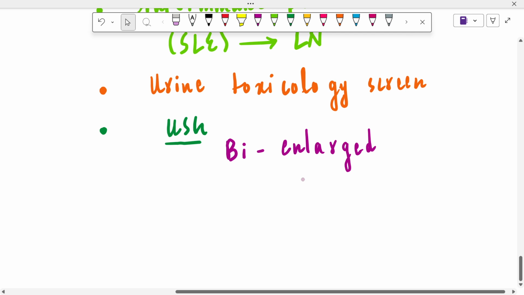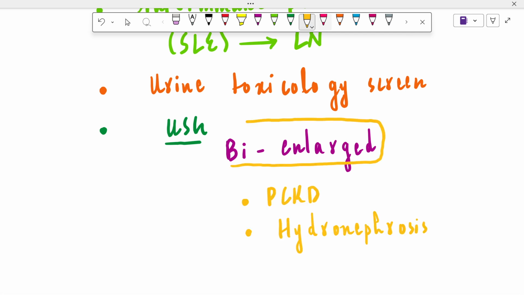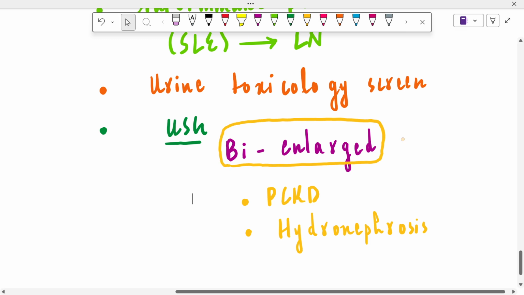The next condition in which bilateral enlarged kidneys can be found is hydronephrosis. So ultrasound is not very peculiar to FSGS, but here is the thing: bilateral enlarged kidneys under ultrasonography can be important or not, because there are other conditions related to that.